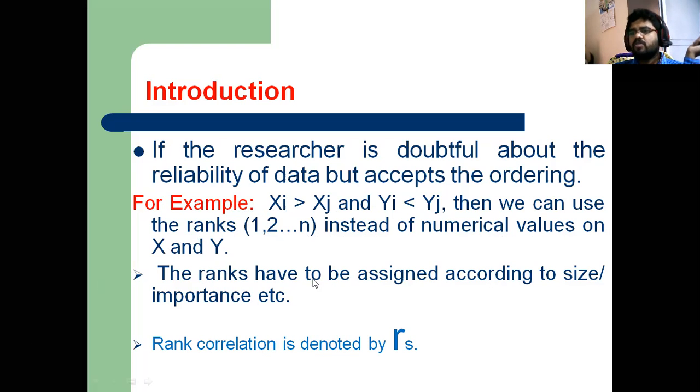Then the ranks have to be assigned according to size and importance. For example, how can we give the ranks in the form of order? Size means the quantity is very high. If you take the marks, 95 is greater than 80 marks, so we will give 95 the first rank, and the next one the second rank.